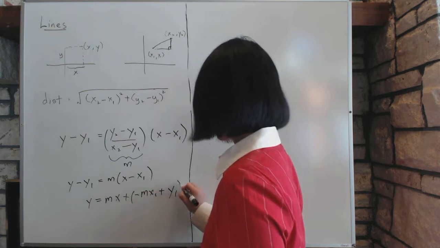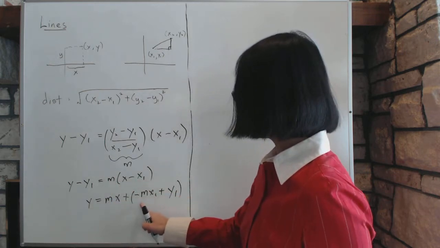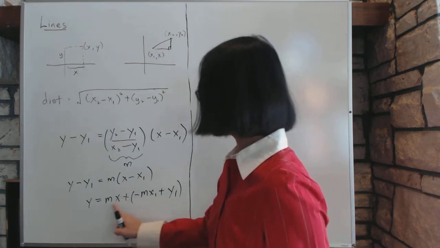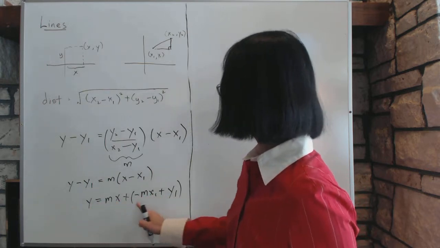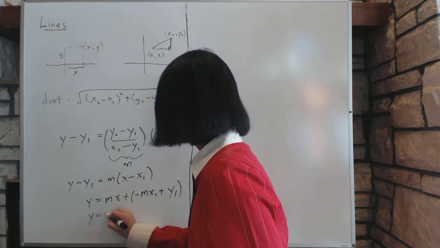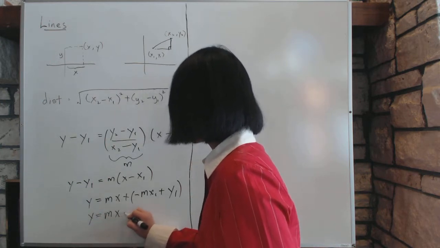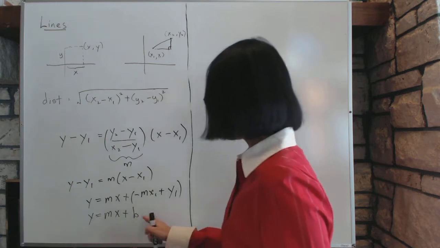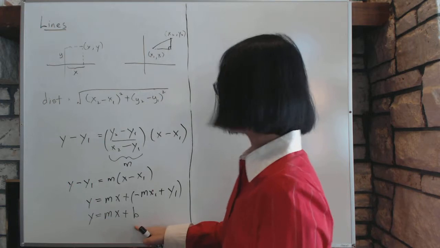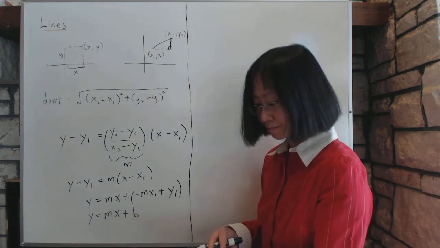If you multiply this out and move it over, these are constants. Only x and y are variables. So this can be simplified to mx plus b, and b stands for that pile of stuff. So this is another form of describing the line.